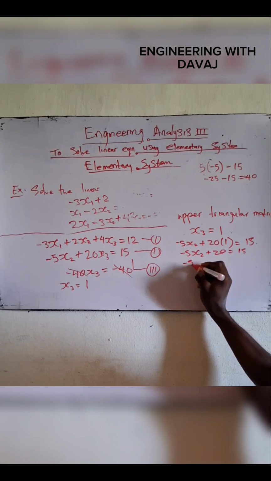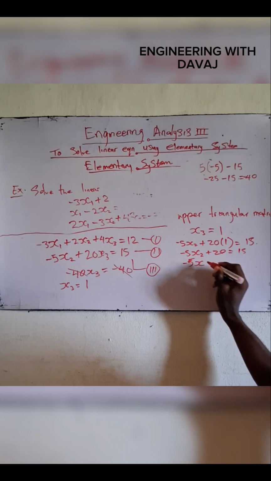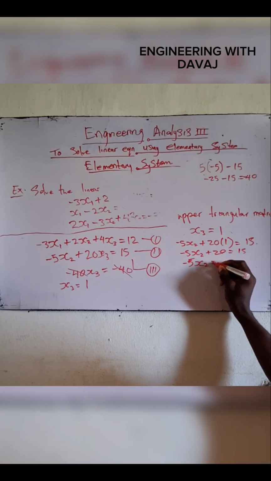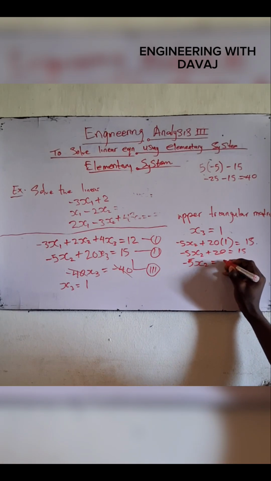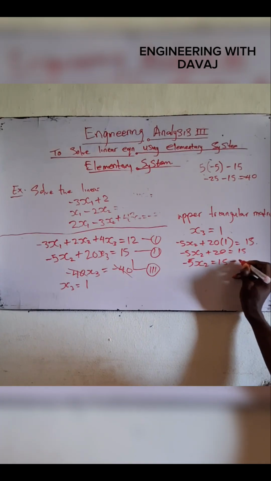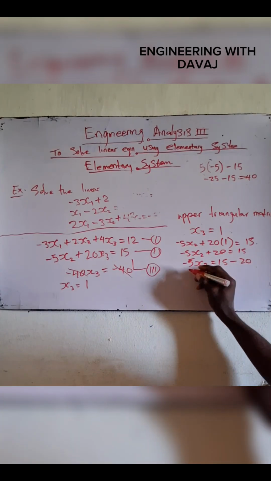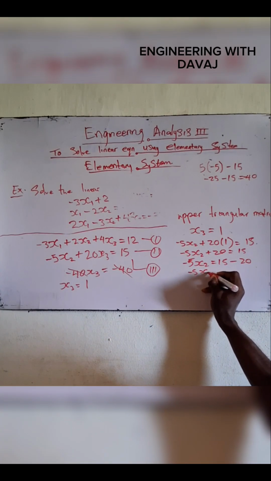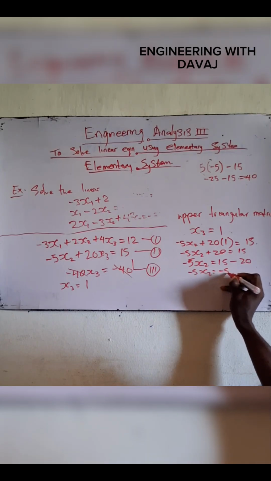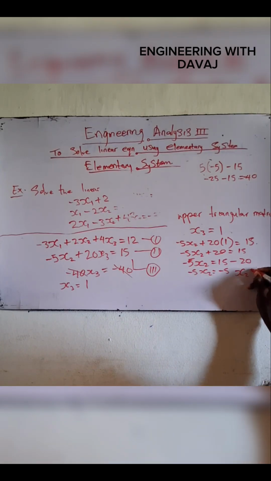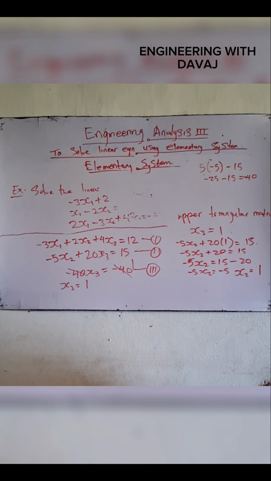So minus 5x2 equals 15 minus 20, that's minus 5. So minus 5x2 equals minus 5, and my x2 equals 1.